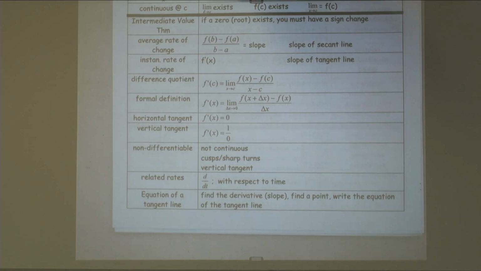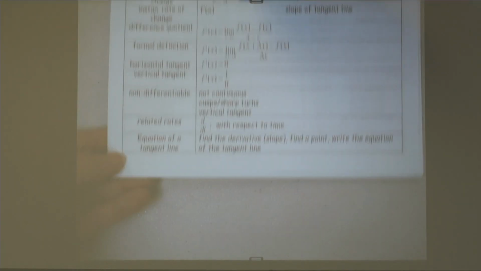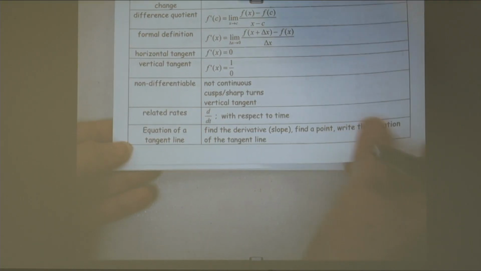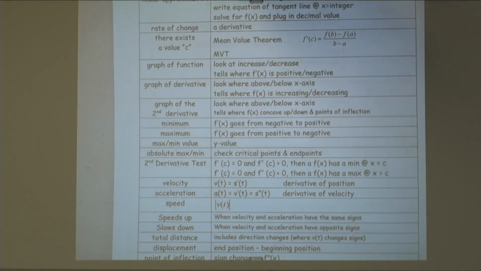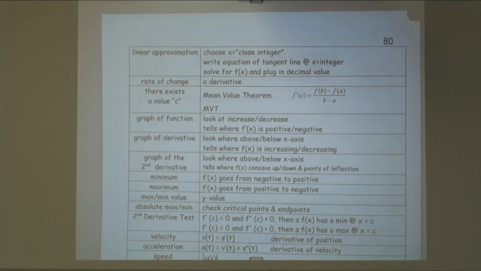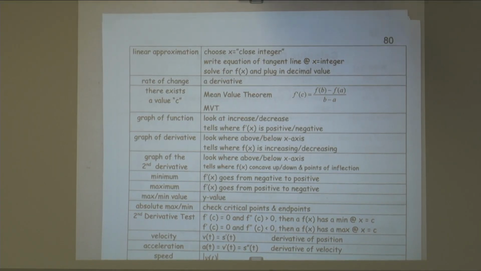Instantaneous rate of change, difference quotient, formal definition, horizontal, vertical, non-differentiable, related rates. Then it goes on. Linear approximation. Remember, all you're going to do is take the slope of your tangent line and then plug in the value you're trying to approximate. Rate of change, MVT, etc.